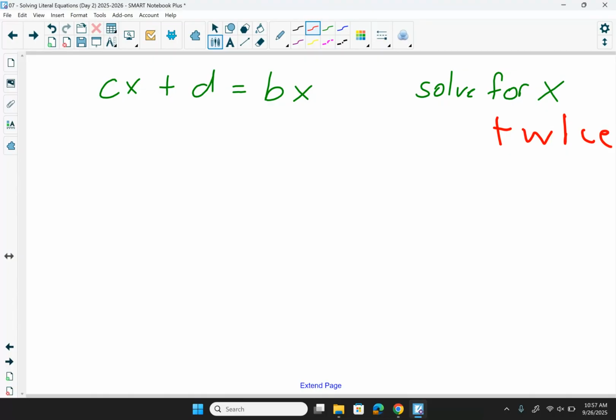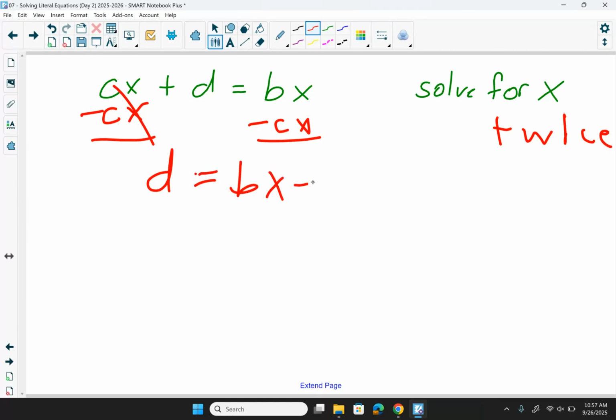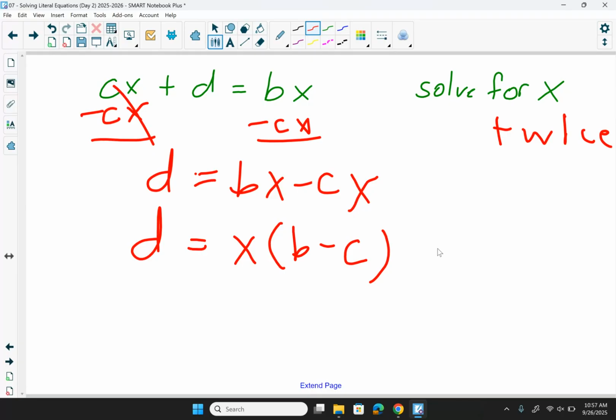So bx already has x and is on its own side, so I'm going to subtract cx from both sides to get it to the right side. And now we have d equals bx minus cx. Now that I have all the terms with x by themselves, we can factor out the x, leaving the b minus c as those leftover factors in parentheses.